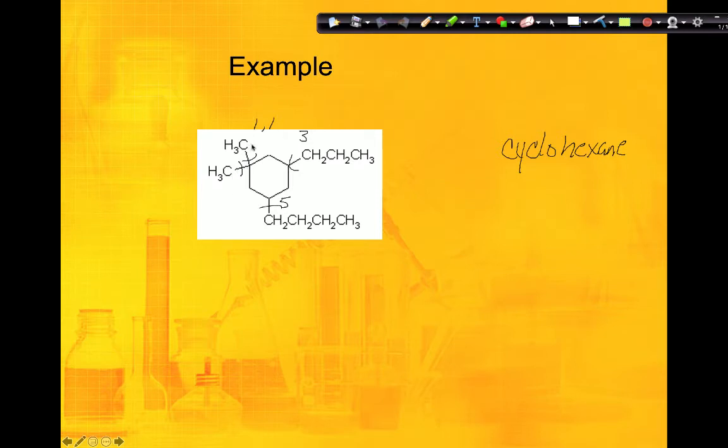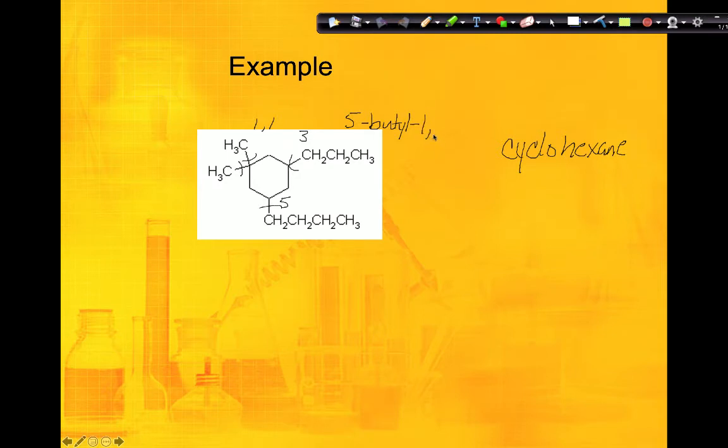So now I have methyl, I have propyl, and then I have butyl. So according to the alphabet, butyl will go first. So it's going to be 5 dash butyl dash. Dashes separate letters and numbers, and then we go to the next one. So we have propyl, and then we also have methyl. So we're going to go with methyl first.